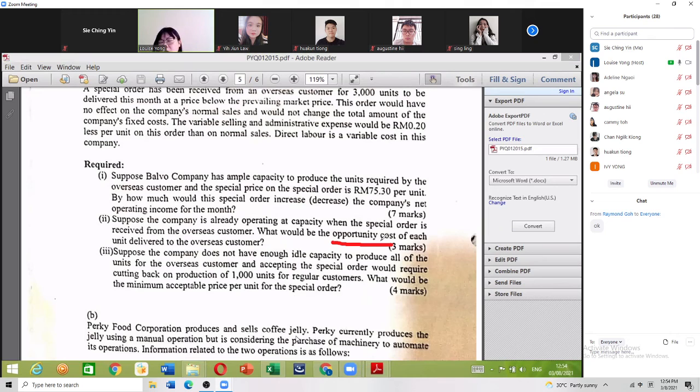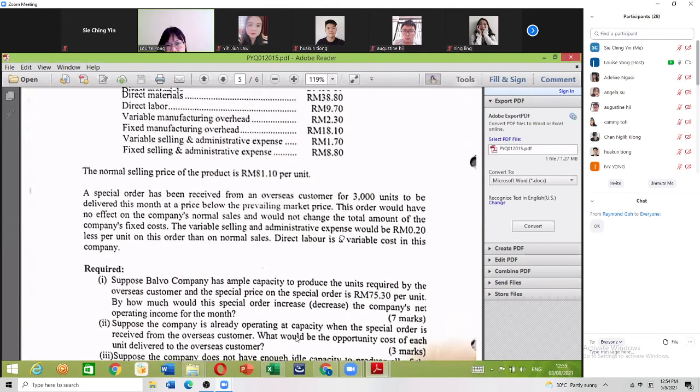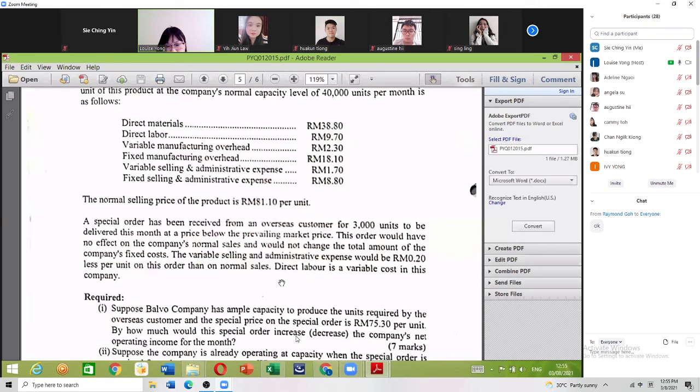So the keyword here is opportunity cost. What is your contribution forgone for your normal customer? The current selling price is $81.10. What is your current variable cost?